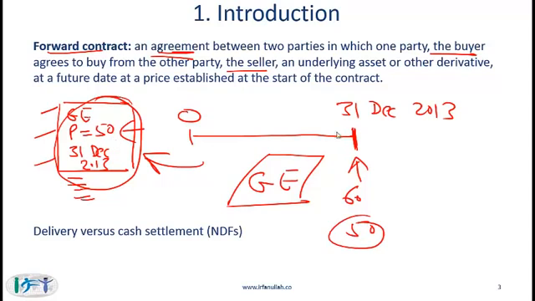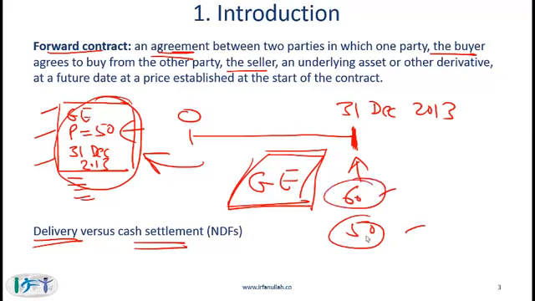The way I have described this forward contract, it's a delivery contract because the short is responsible for delivering this particular share. But if the long and the short parties agree, then this can be a cash settlement where on expiration date, we can look at the difference between the market price and the contract price, and then the net amount is given.